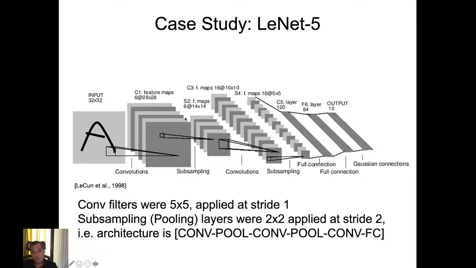In the first layer, for example, we have 6 feature maps, and the spatial support is 28 by 28. This figure is taken from the paper, and the input is 32 by 32. At this time they just used stride 1. When the network was introduced, they didn't think about using a different stride. So the stride is 1, and they also didn't use padding.